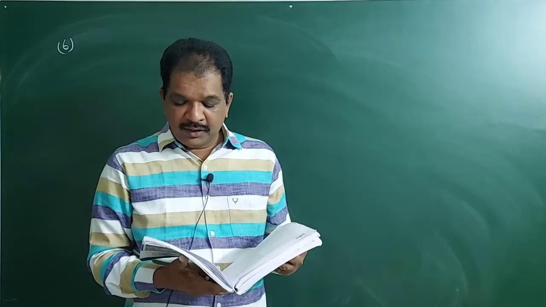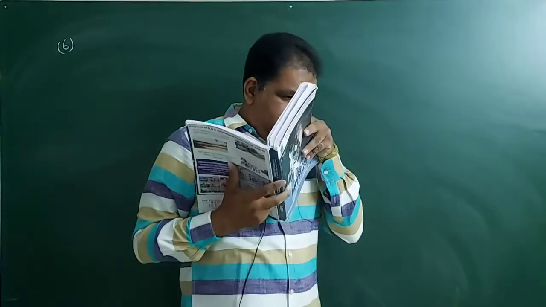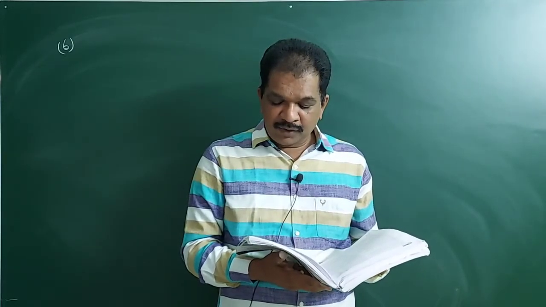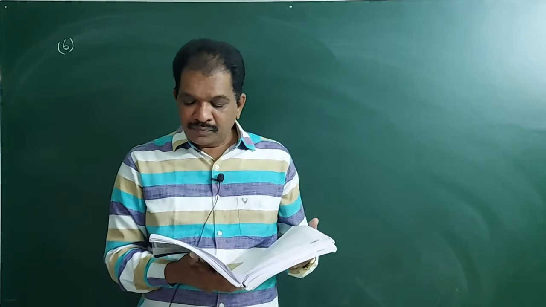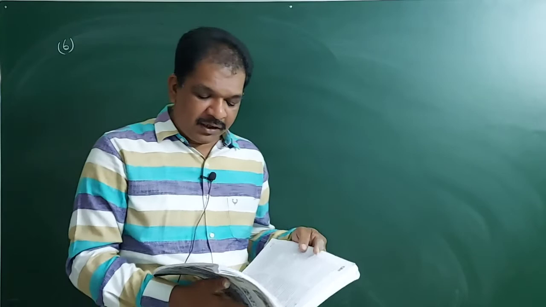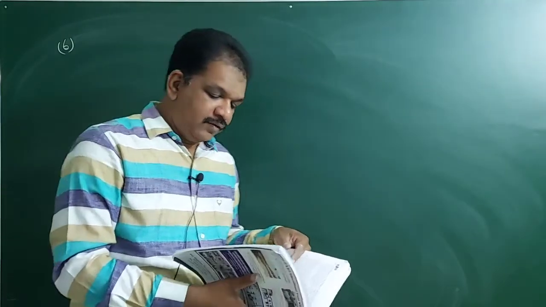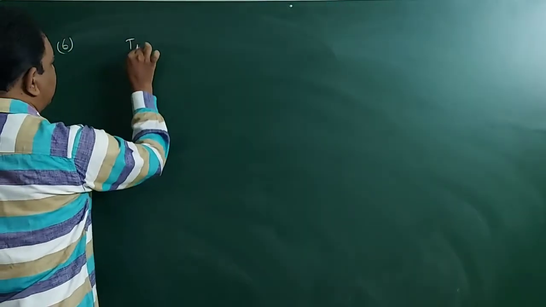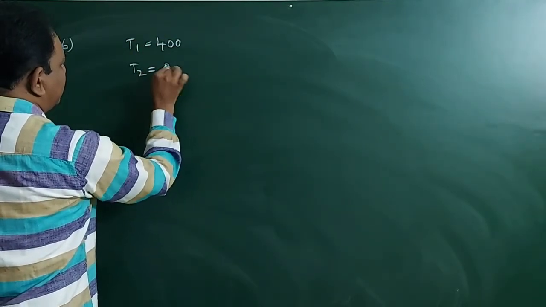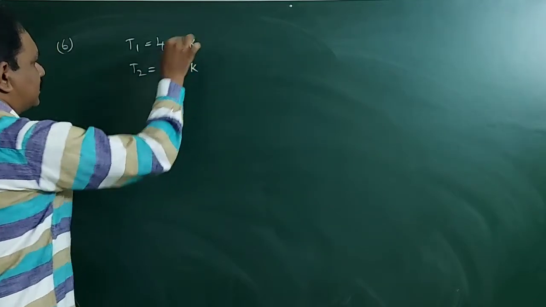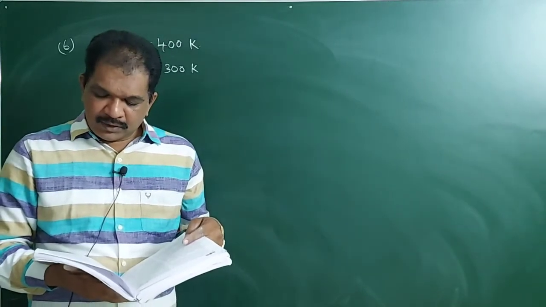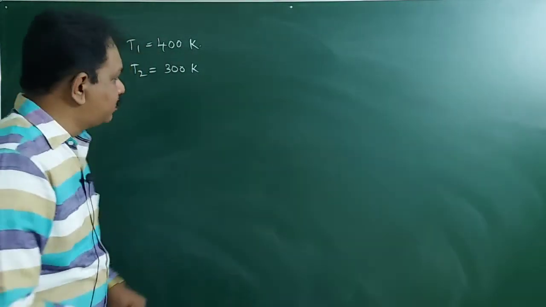What is the amount of heat energy supplied to the engine from the source? The heat engine is working between 300 and 400, so T1 will be 400 and T2 will be 300 Kelvin, and 800 joules of useful work.